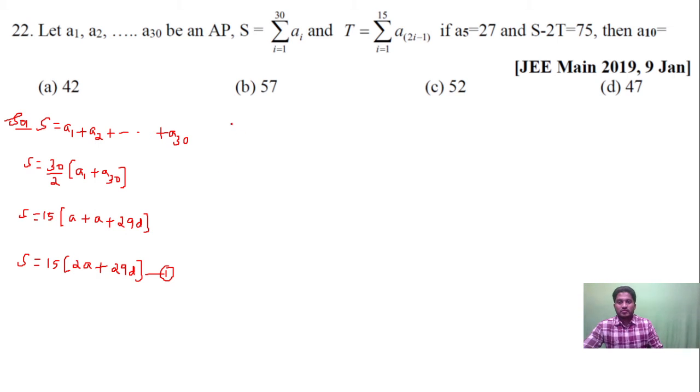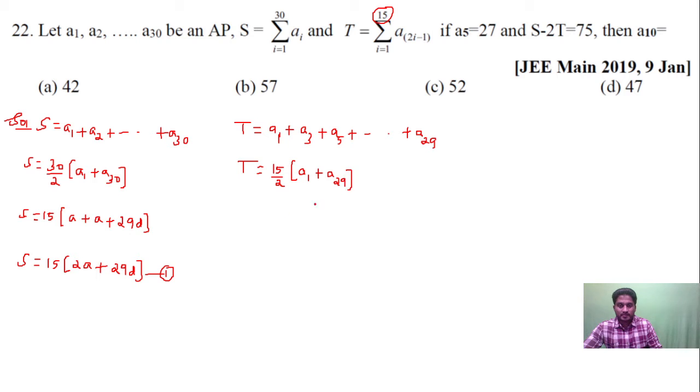Now I'll use T. Now capital T is equal to, if you put i from 1 to 15 here, you will get a1 plus a3, because it is 2i minus 1, right? Then you get a5 and so on. The last term, if you put 15, will be 29. So 1 to 29 odd numbers will be 15 terms. So this will be equal to 15 by 2 into first term plus last term, so this is a1 plus a29.